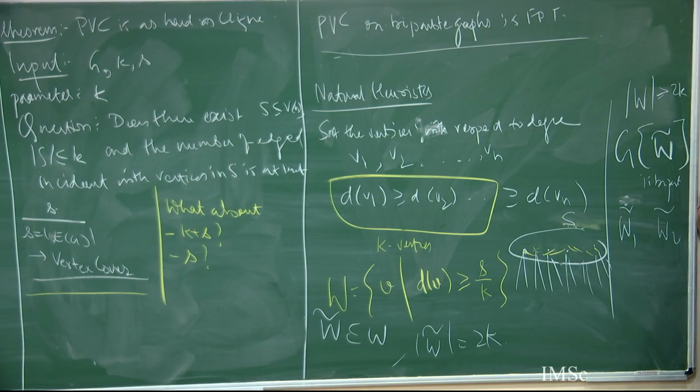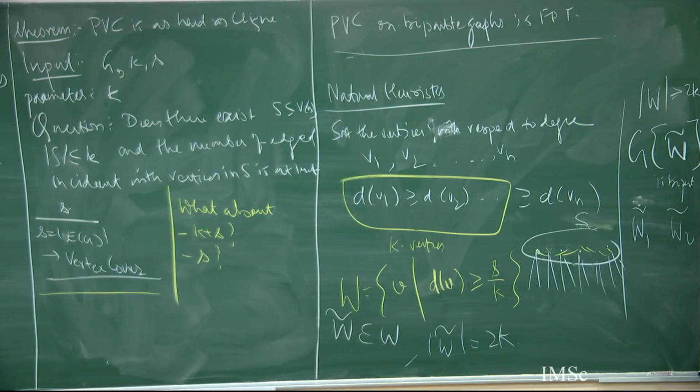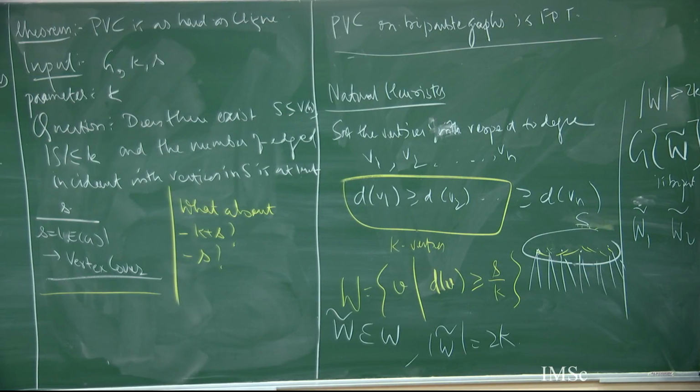We are looking for a solution of size at most k. The number of edges they cover is 2s, so S into k, it's done, right? You took W tilde, a subset of W of size exactly 2k. Now this is a bipartite graph, and by the pigeonhole principle one of the parts is of size at least k. So basically there is one independent set.